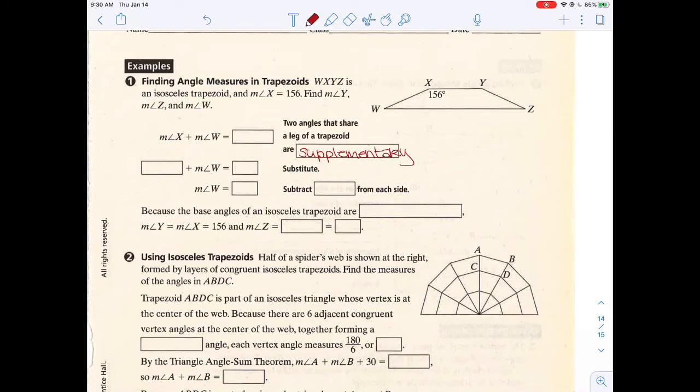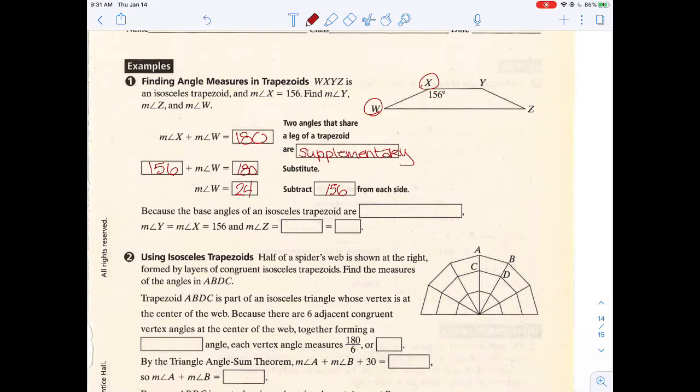So angle X and angle W are supplementary, which means they add up to 180. We know that X is 156, and it's still equal to 180. If we subtract 156 from both sides, we know that W is 24 degrees.